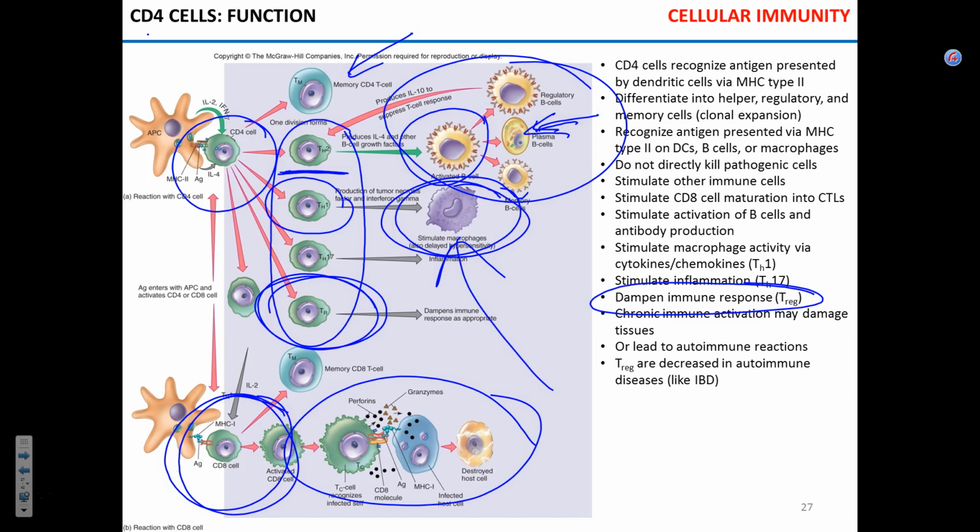We know absolutely 100% that in patients with IBD, the number of T regulatory cells in the gut tissue, in the lamina propria of the gut, is much less than in the patients who are healthy. Does that make sense? So they play an important role in regulating and preventing autoimmune response. Okay?